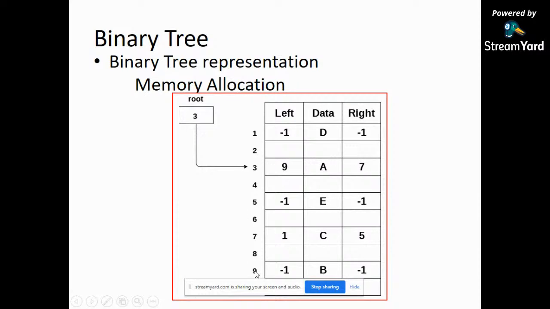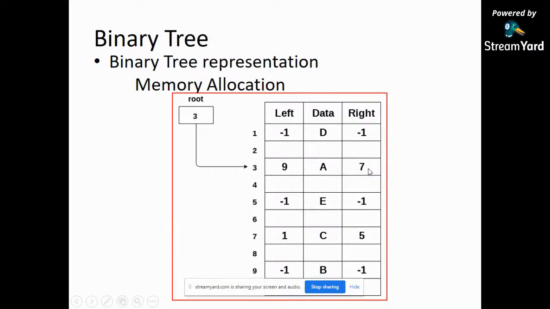So node 9, that is B. B is at the left of A. Now this B is having -1 in its left and right pointers because it won't have further children. So this is the leaf node, and leaf nodes will have null in their left and right pointers.